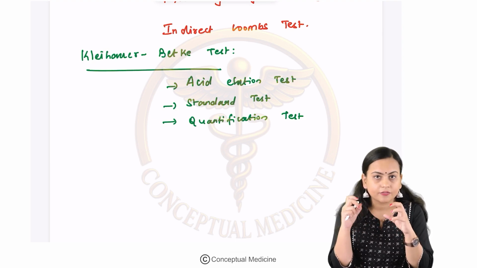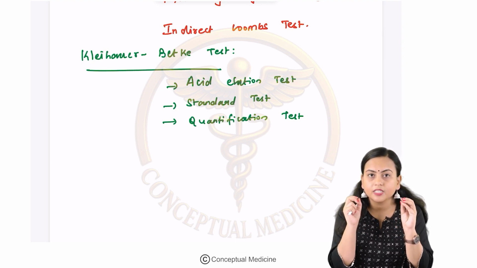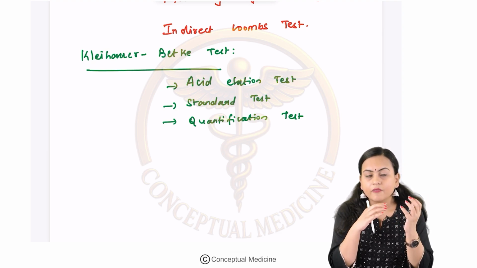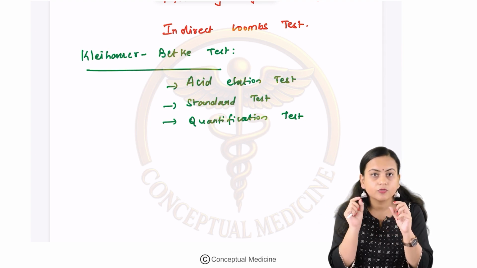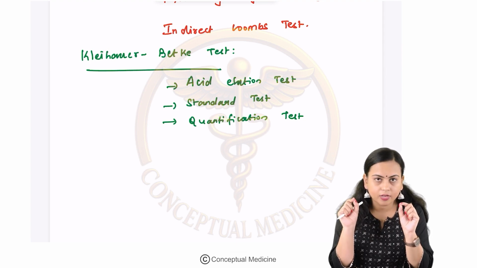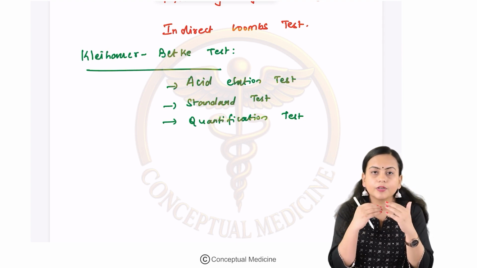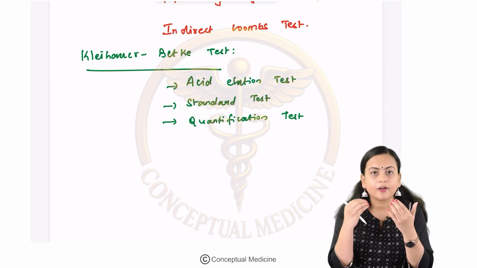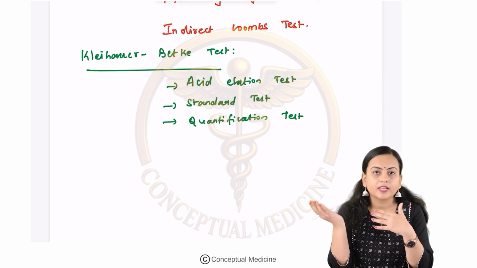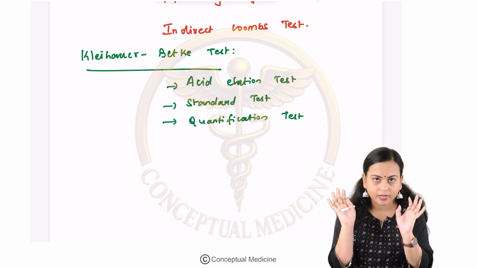So, after staining, the hemoglobin in the fetal RBCs will be retained and seen as a bright red color, whereas the hemoglobin in the maternal RBCs would have been lost already. So, it will be appearing as ghost cells, okay. Can you understand? Then we will be calculating the number of fetal RBCs as a percentage and we will be quantifying the amount of fetal blood that has entered into the maternal system, right.